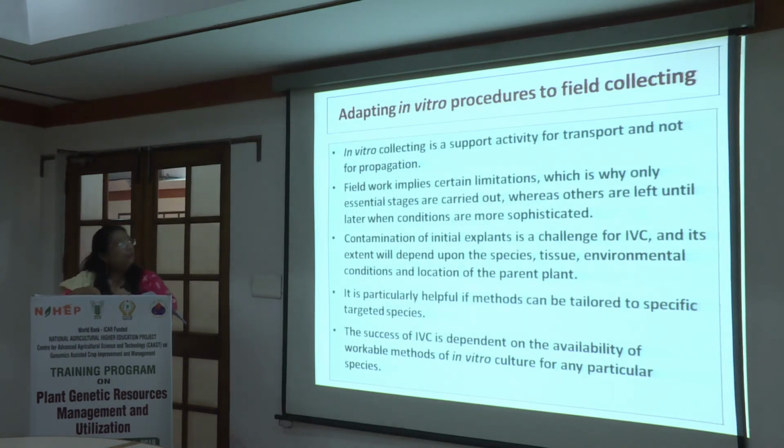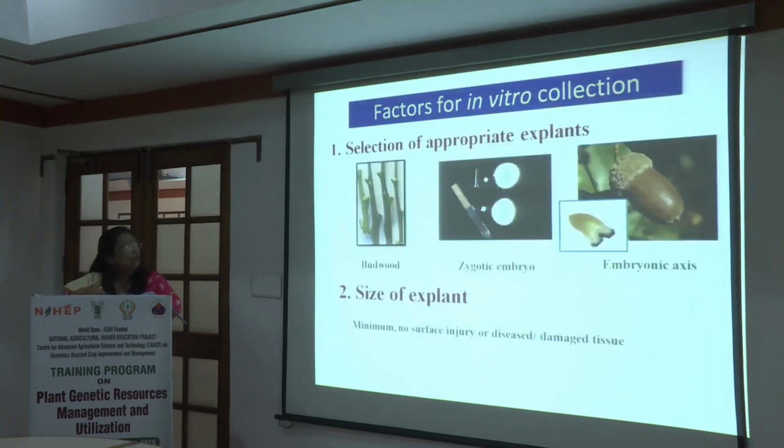So it's only a supporting activity, and the major challenge is contamination, because once we put it in artificial medium and it is not properly sterilized, bacteria or fungi tend to grow in that. It needs to be tailored specifically for each species, and also requires a little bit of skill.